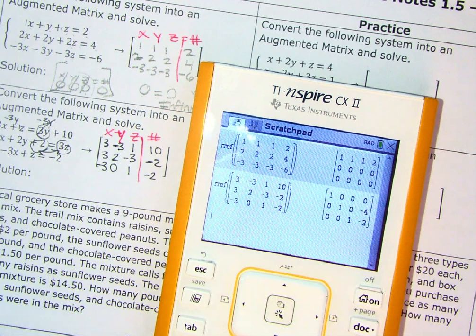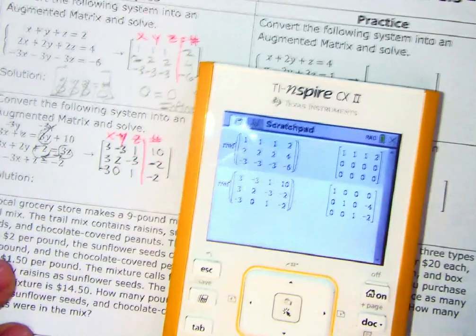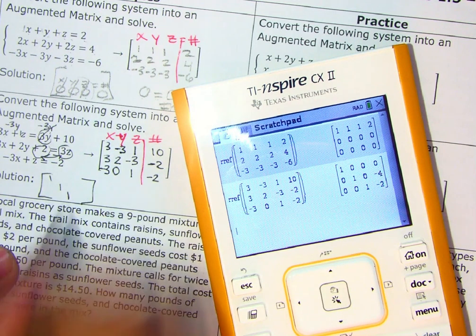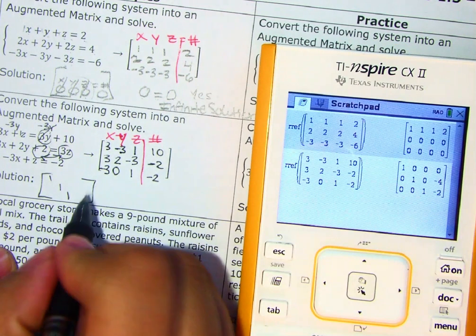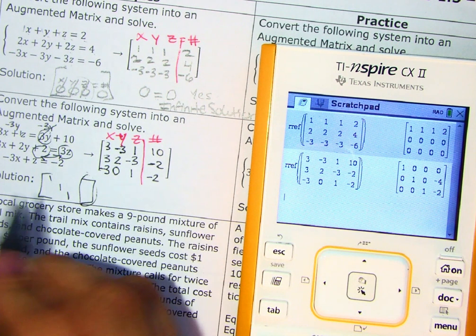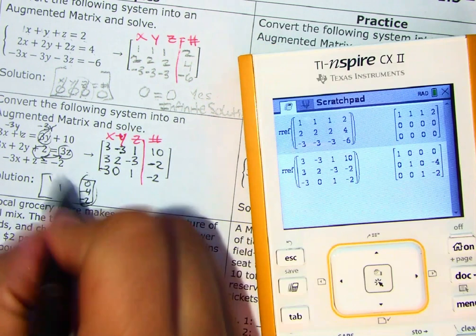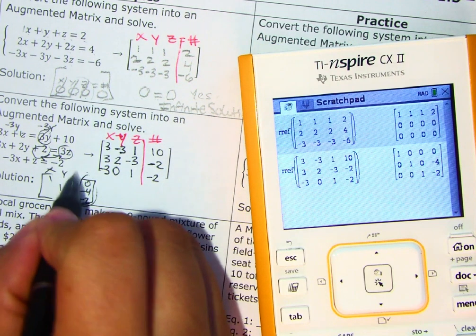According to this, the answer is diagonally 1, 1, 1, so we do have a solution here. When your matrix is 1, 1, 1 diagonally, your answer is on this right side as 0, negative 4, negative 2. So keep in mind that it's x, y, z.